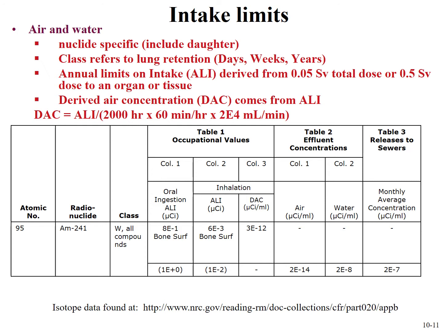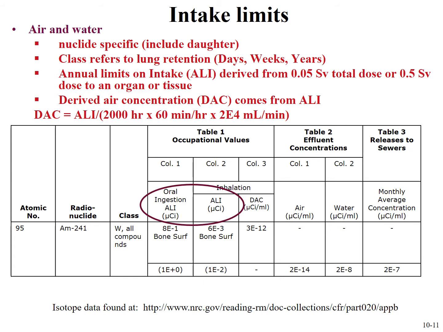There's two data sets one needs to evaluate. The annual limit on intake is derived based upon a dose received of 0.05 sievert from a given radionuclide. The ALIs, as they're called, the annual limit on intake, is listed here.